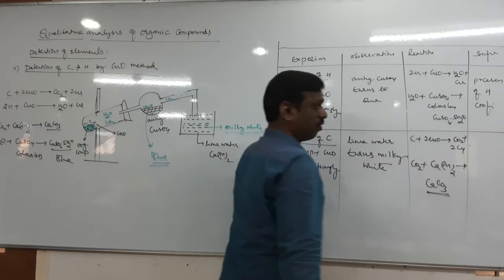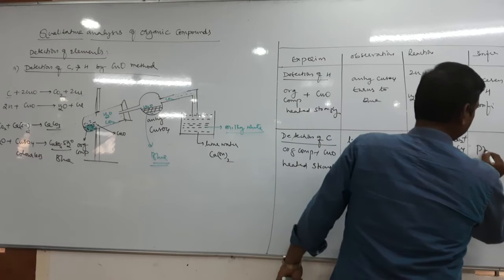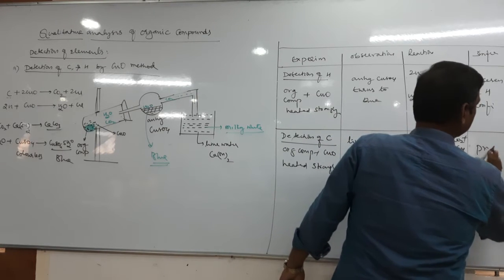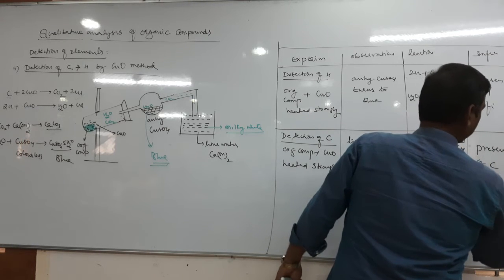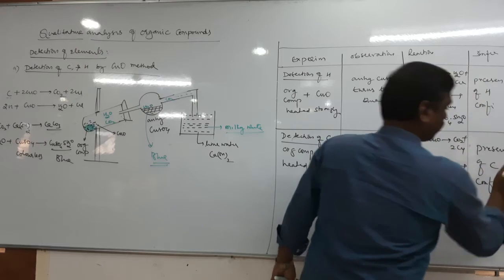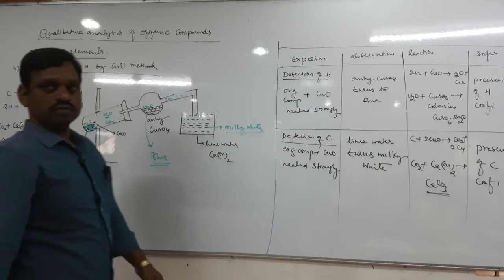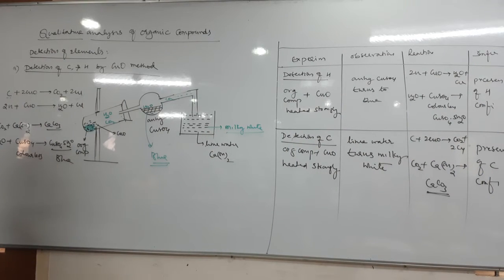This is milky white. So the presence of carbon is confirmed. Okay, so this is the detection of both hydrogen and carbon by the copper oxide method.